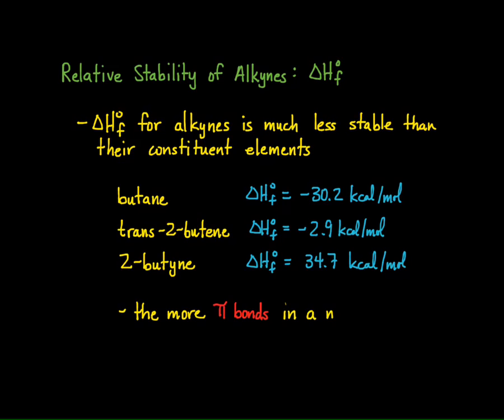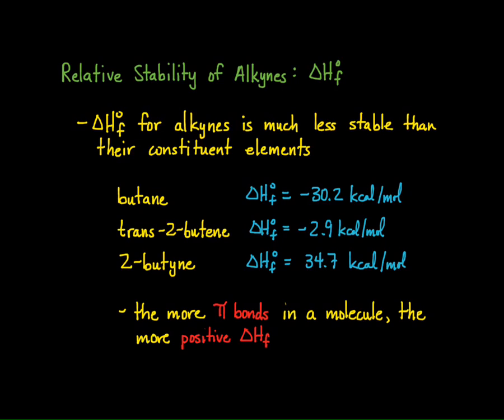Well, the more pi bonds in a molecule, the more positive the delta H of formation is. And that means that at the surface, an alkyne is actually less stable. It becomes more reactive. So the more pi bonds a molecule has, the more reactive it becomes.